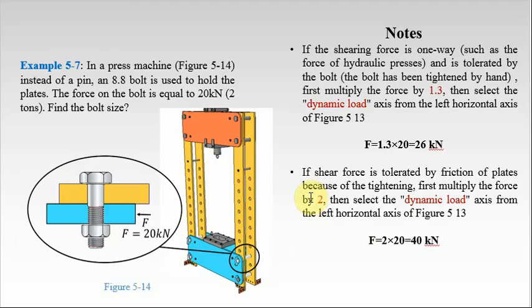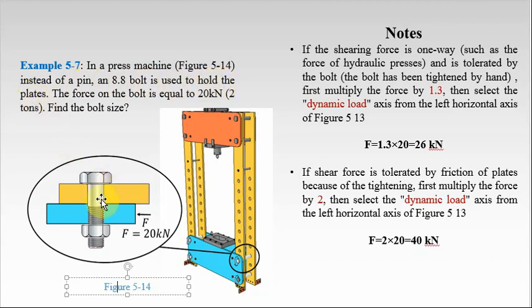Okay, sometimes bolts are under shear loads. For design of them, please refer to the next example. Example 5.7. In a press machine, Figure 5.14, instead of a pin, an 8.8 bolt is used to hold the plates.